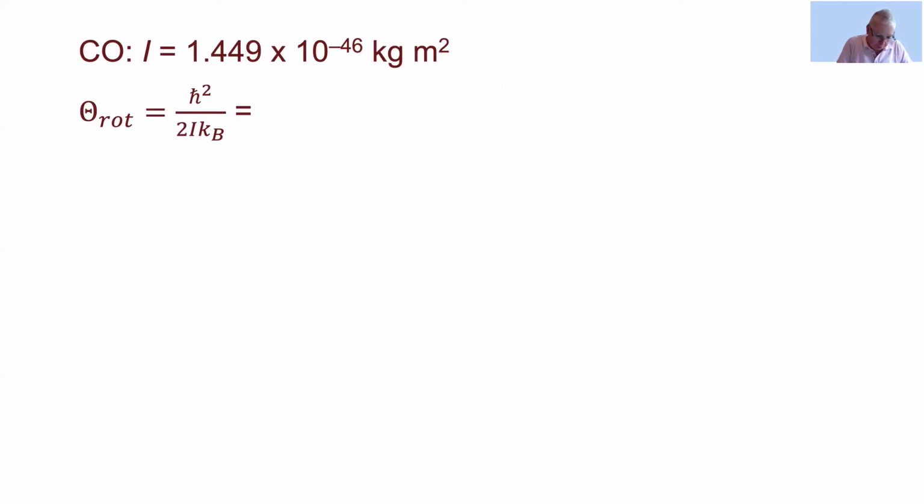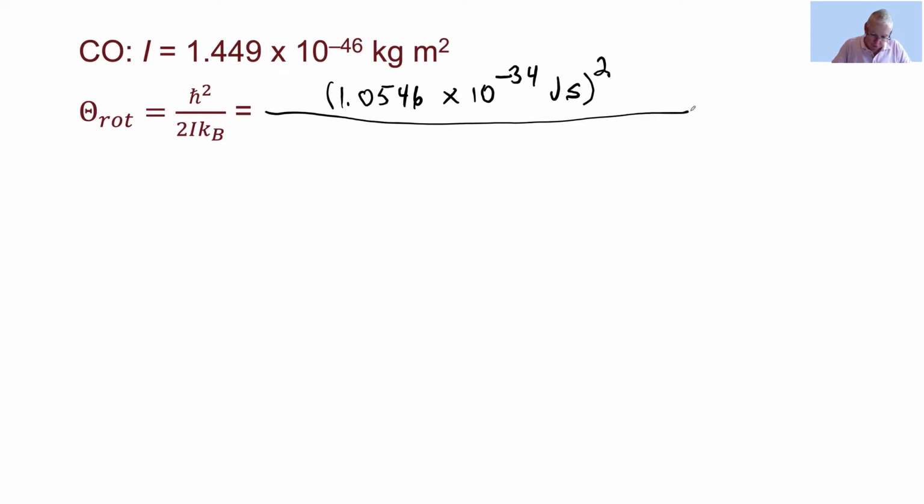H bar, rather, is equal to 1.05 times 10 to the minus 34th power. That's in joule seconds, just like regular old H. If you are stuck and need a value for H bar, if you know Planck's constant, just plain H, you can always just divide that by 2 pi to get H bar, or you can just look it up separately if that's an available option.